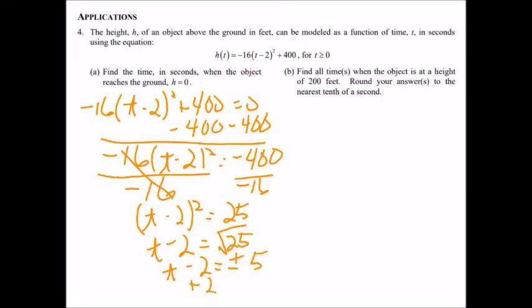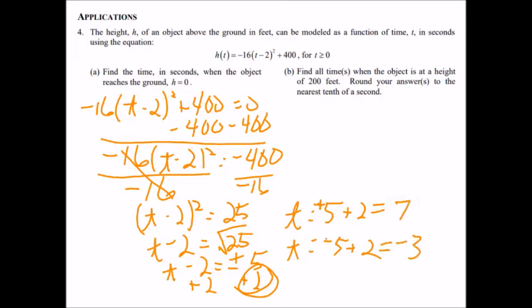If I add 2, I'm going to have 5 plus 2 and negative 5 plus 2. So there's the plus 5, the minus 5, and add 2. This add 2 isn't the plus or minus part. The plus or minus is with the 5. So my two answers could be 7 or negative 3.